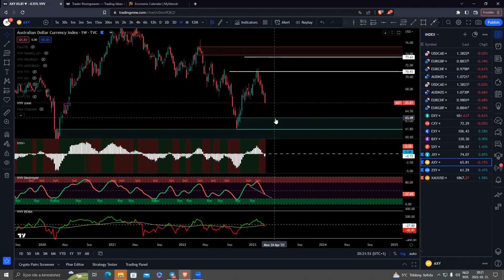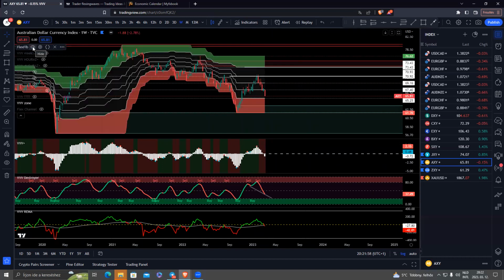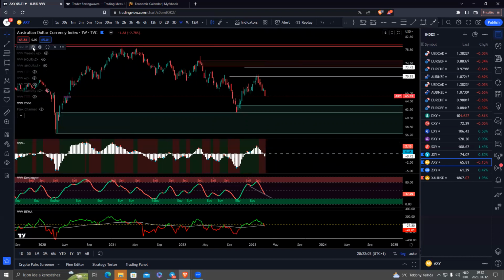We are heading back to the zone, and that's what I wanted to see. This was also a beautiful touch on the FIBO 61 as target zone, and now I want to see it coming back to the zone. All right, this is what I want to see.